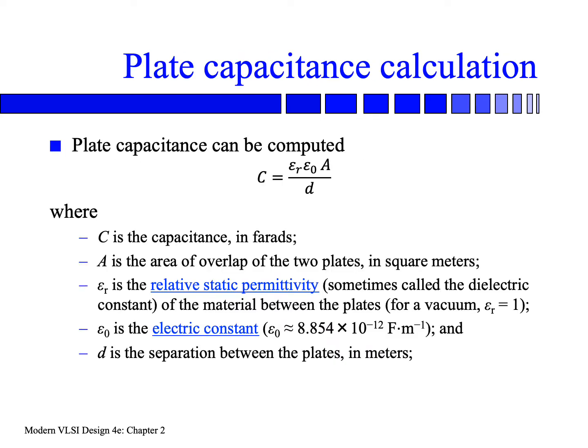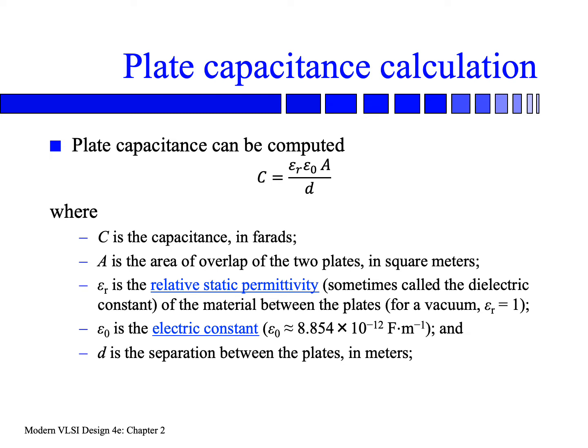This is the equation for the parallel-plate capacitor. It is a function of the area A, and it is inversely proportional to the distance between these two plates. Actually, this is the Xox I just mentioned in previous slides. Here we have some coefficients.